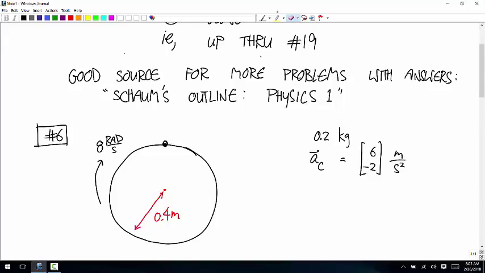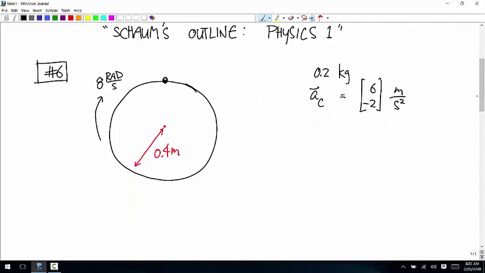Okay, so all right, and then we want to calculate the acceleration vector. And second, what's the net force?